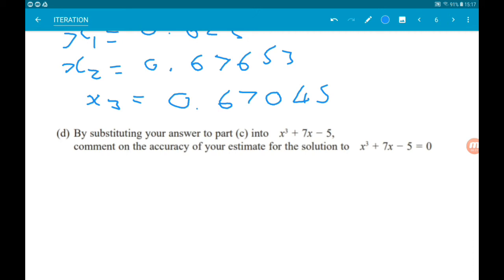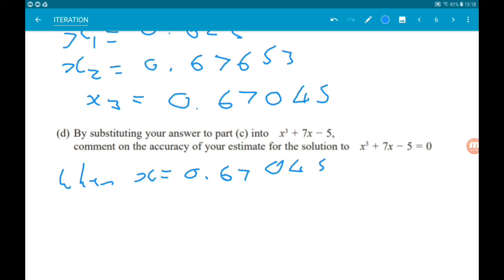Okay, so when x is equal to 0.67045, if that is good, then we need x cubed add 7x minus 5 to be very close to 0.